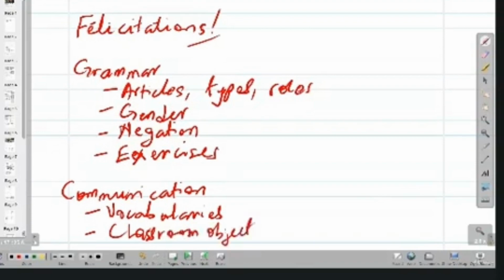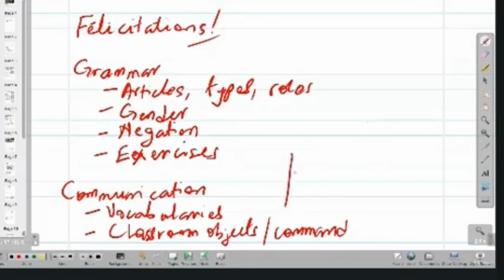These are objects you find in the classroom, and also commands, expressions that you can use in a regular classroom. Look at other vocabularies, and then I will write it around here.